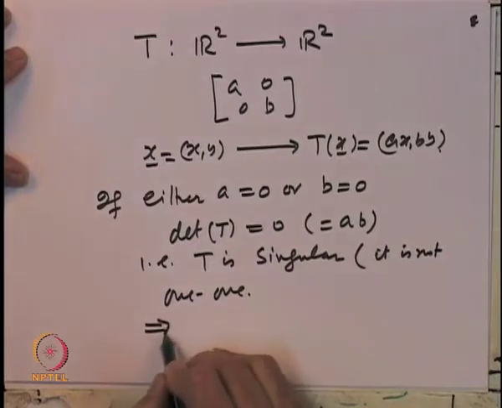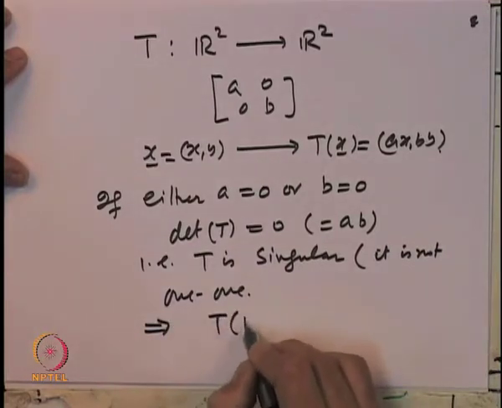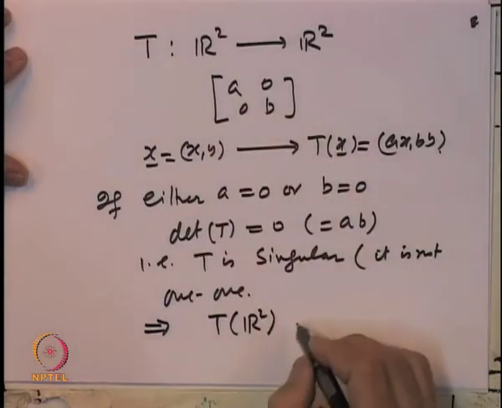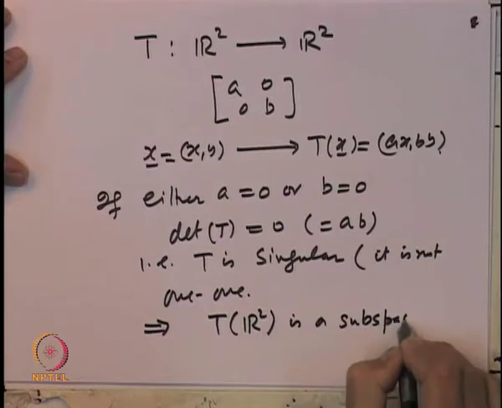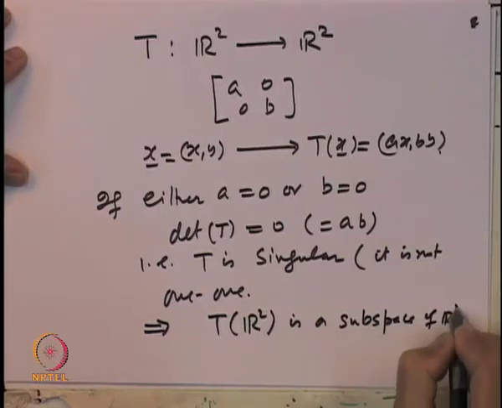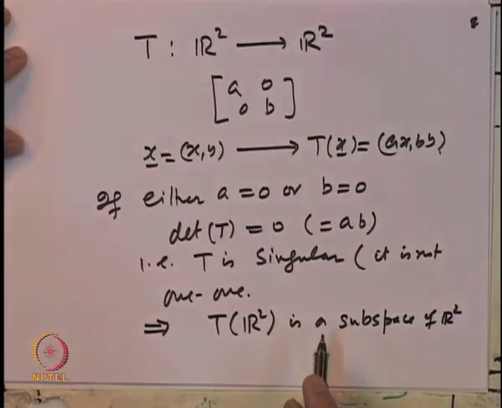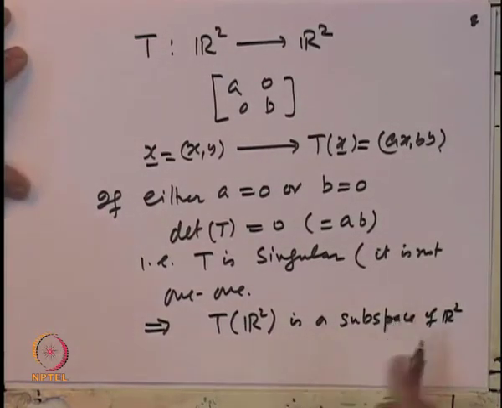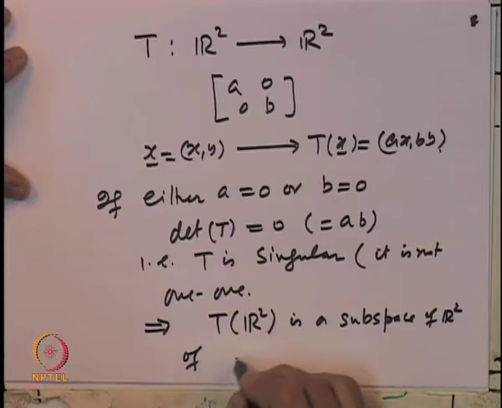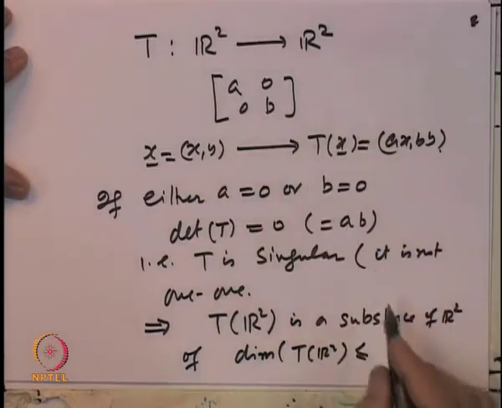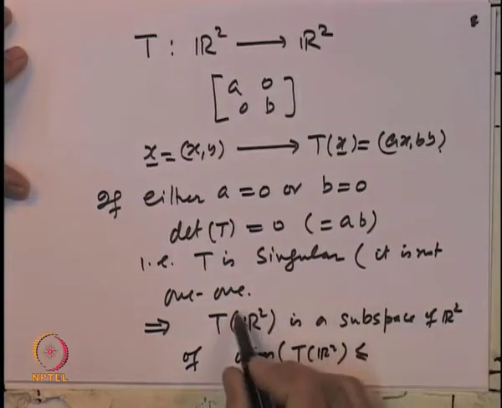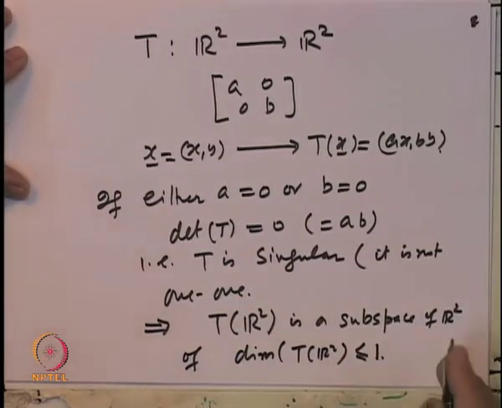That implies that the image T(R^2) of the whole space is a subspace of R^2, because under linear transformations the image is always a subspace. The dimension of T(R^2) cannot be 2, because then it would be 1-1. So, it is less than or equal to 1.